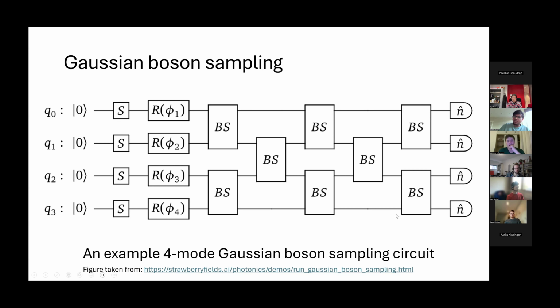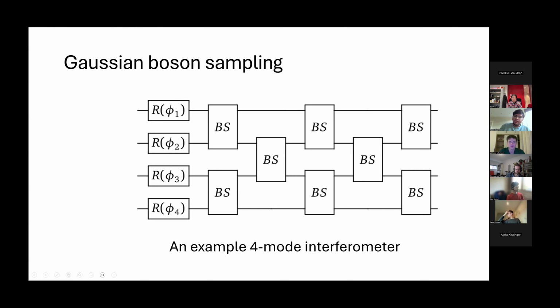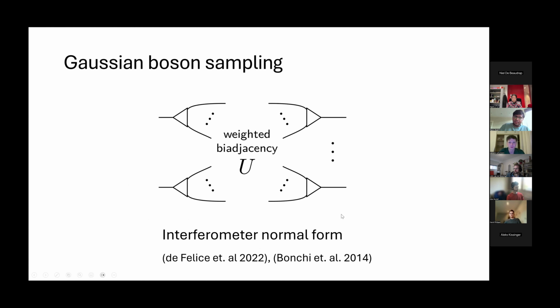You apply this interferometer, and then you perform the photon number measurement. It's already known in the literature that this interferometer part can be written as this diagram, where you have a bunch of W's and a bi-adjacency matrix, let's say U, that describes the connectivity, where U is called the interferometer matrix.